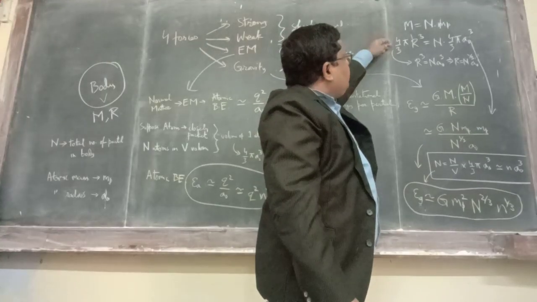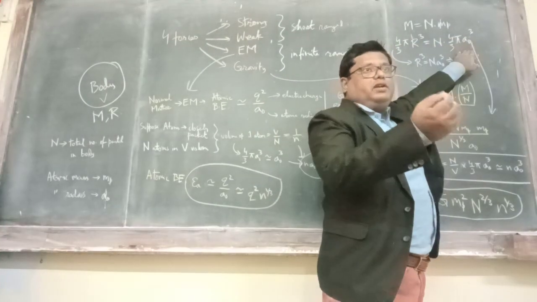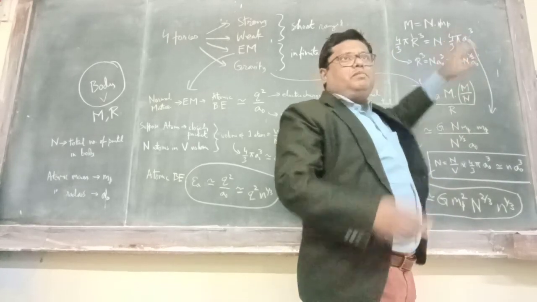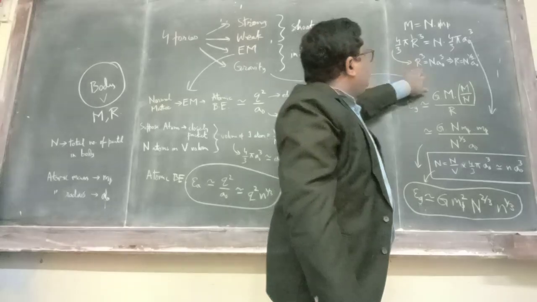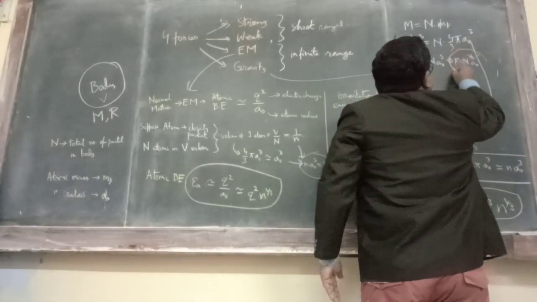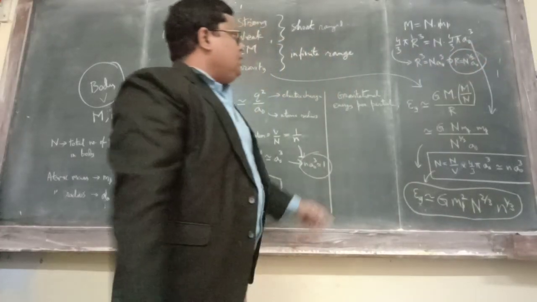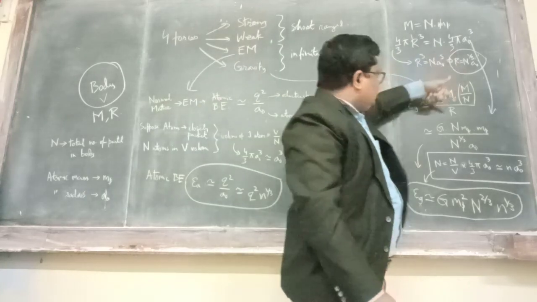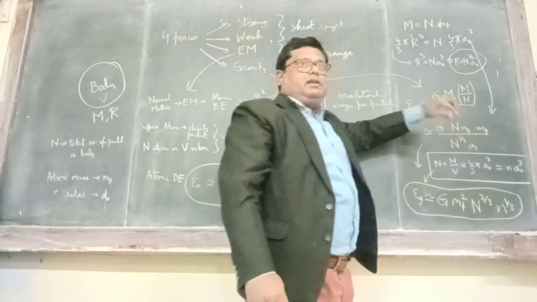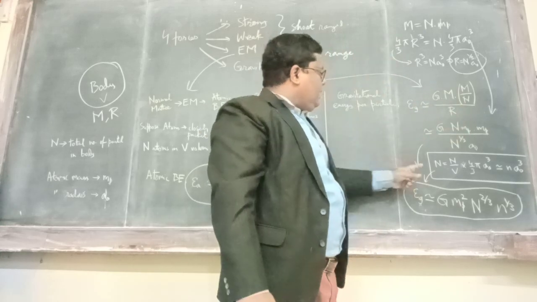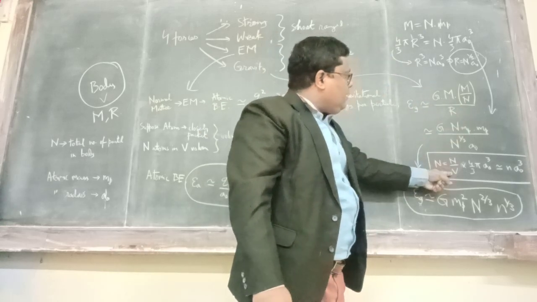What's the total volume? Again N into the volume of the individual. This is approximate, remember, because there will be some part left. Now from here I am getting this relation between R and capital N. If I incorporate this over here, this is the form that I am getting. Right, now again, similar to this form, I can write n as N by V into V.